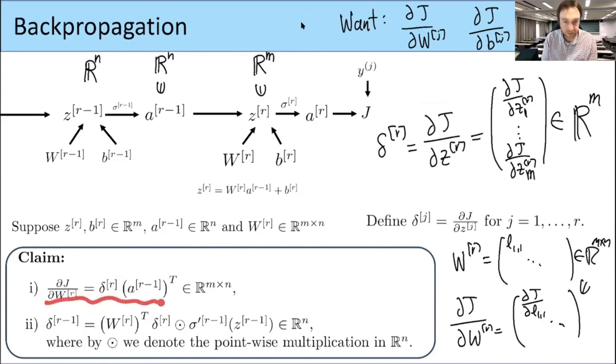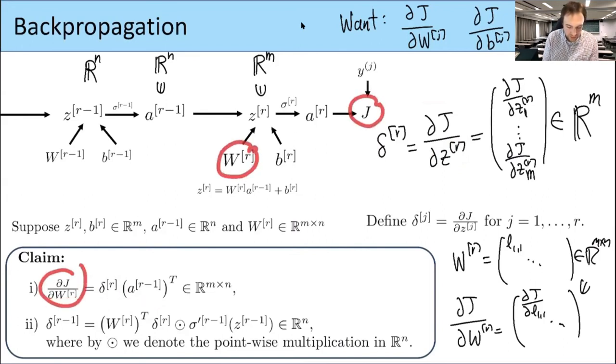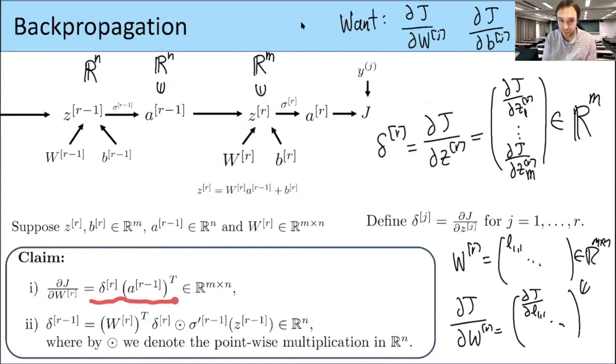So therefore this is exactly just the chain rule: to take the derivative of J with respect to w, I just multiply the derivative with respect to z times the derivative of z with respect to w, which in this case is just the number a. This is what we did last time. But now in this general dimension setup, one needs to be careful a little bit with matrices and vectors. So we need to see why we need to take the transpose of this vector here.